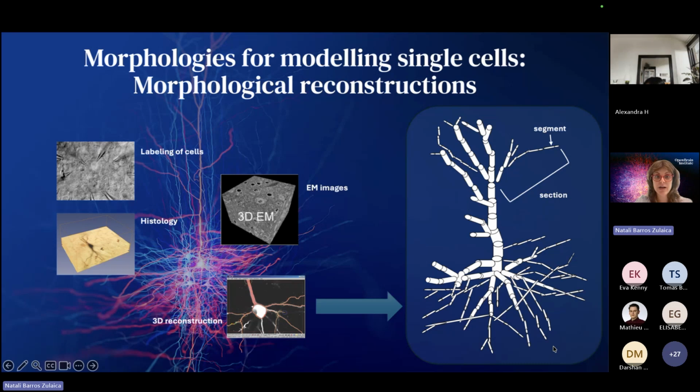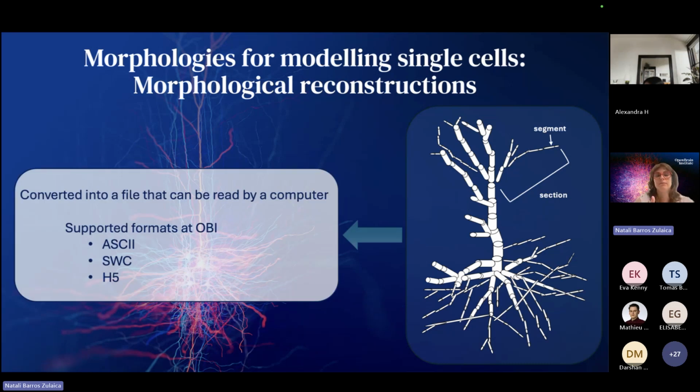Then this reconstruction goes into a file that can be read by a computer. At the Open Brain Institute, we support three file formats: ASCII, SWC, and H5. We do that because we consider that these three types of files are the most used in the community.